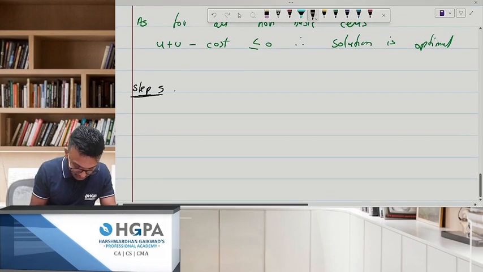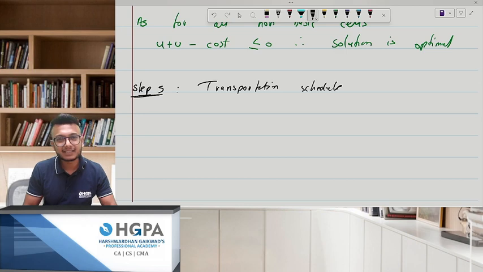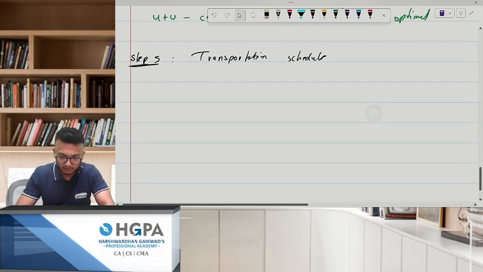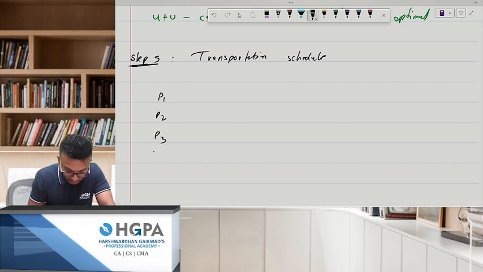Step number 5. What is this? Your transportation schedule. That you can do on your own also, because this is nothing but just allocation, okay? I'll try to do it. First I'll do one thing.